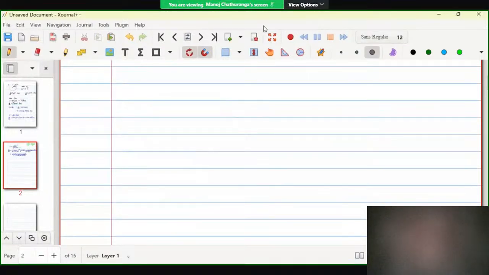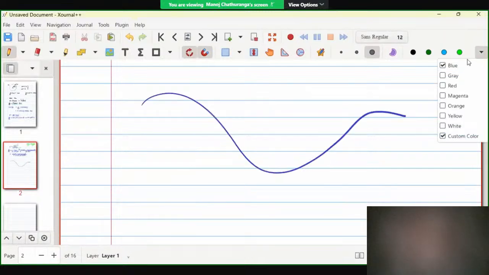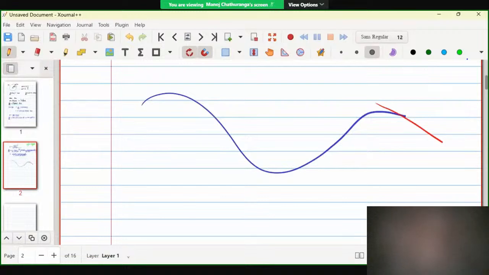I hope you are still looking at my writing pad page. So imagine a graph of a function. We talked about the tangent line, and the slope of the tangent line is measured by the derivative.